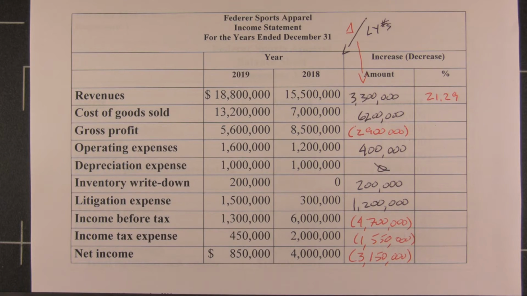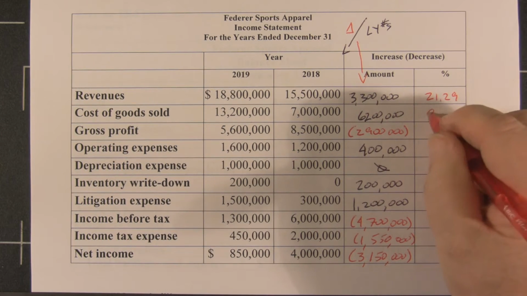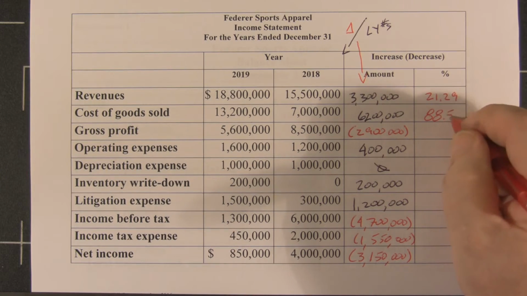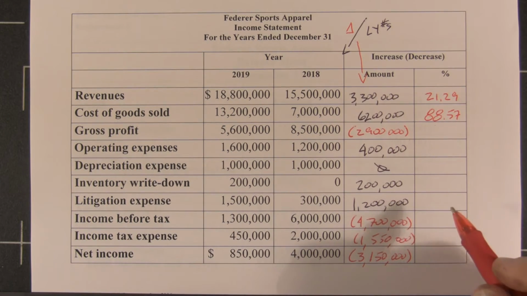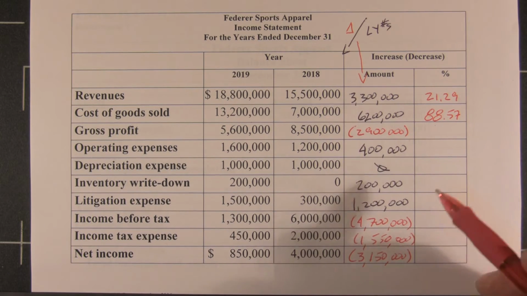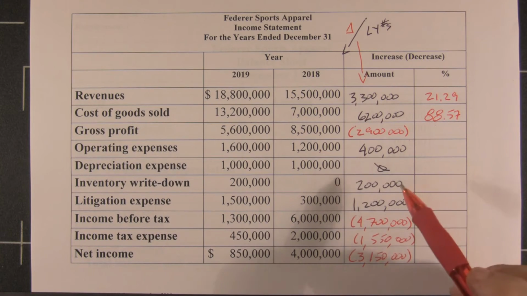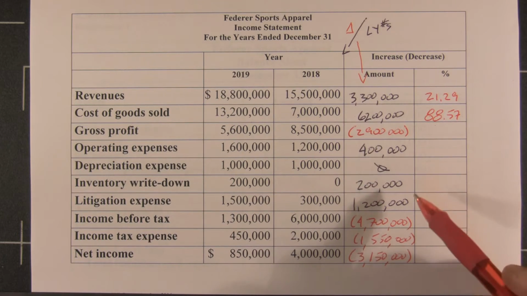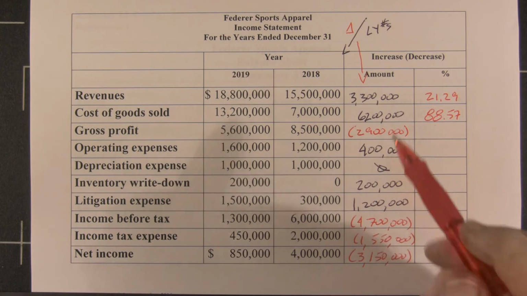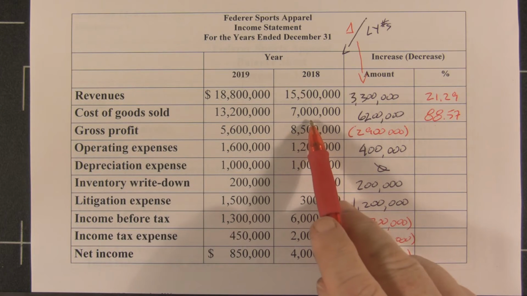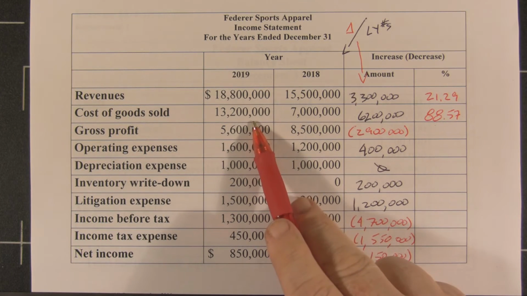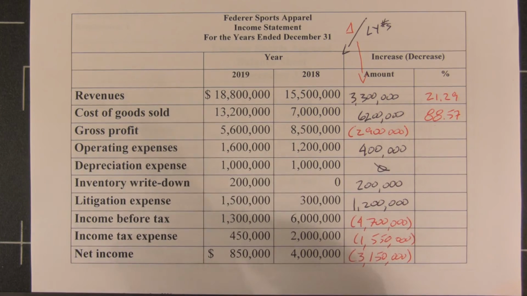And I come up with 88.57%. It would ask us to round to, I think, one decimal place, which would be 88.6. In other words, our cost of goods sold this year went from 7 million to 13.2 million. That was an 88.57% increase.